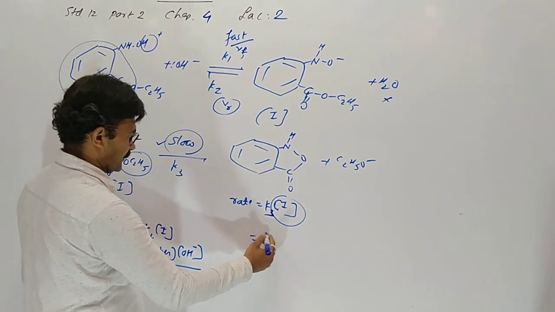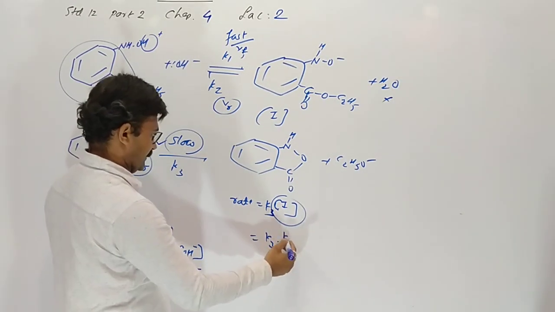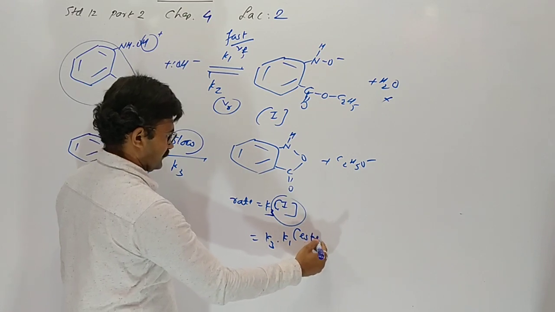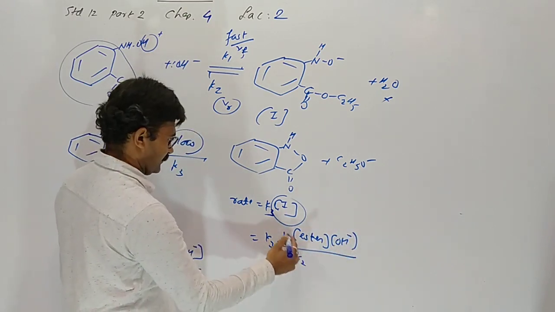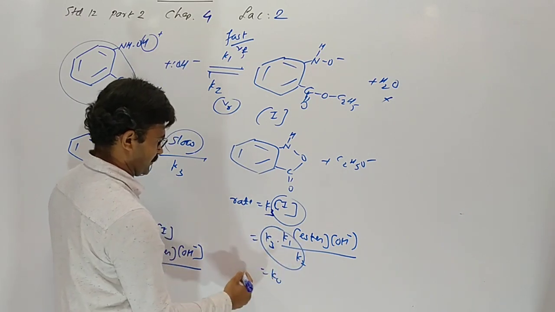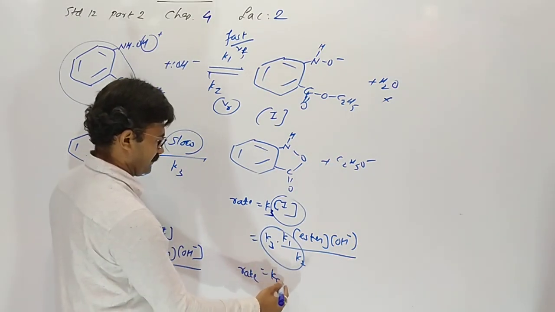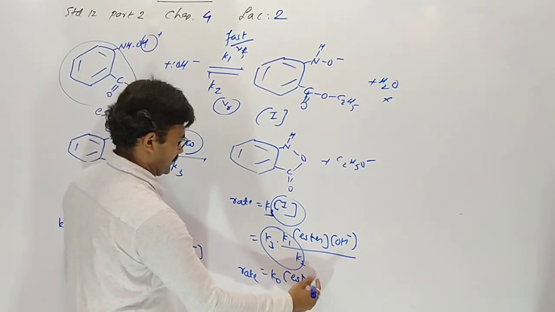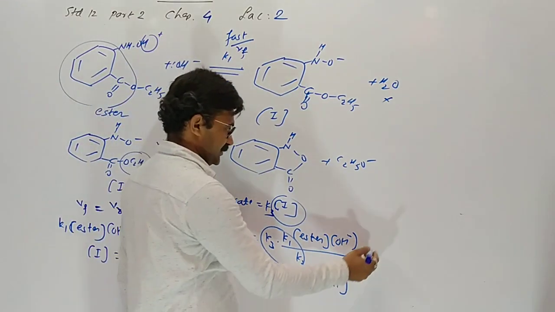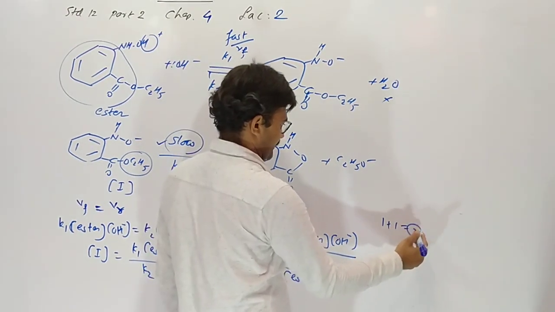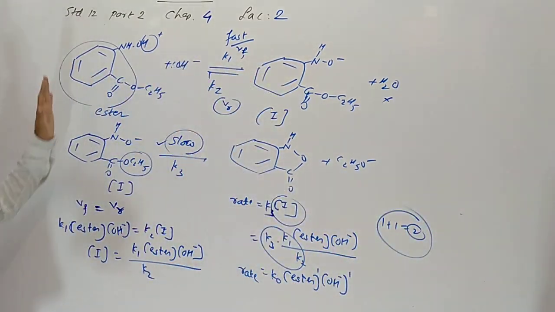Put down the value here: K3 K1 ester into OH minus upon K2. All three are constants, so K0. Ester raised to 1, OH minus raised to 1. So the order of reaction is 2. Understood?